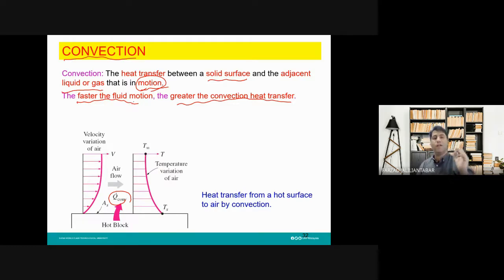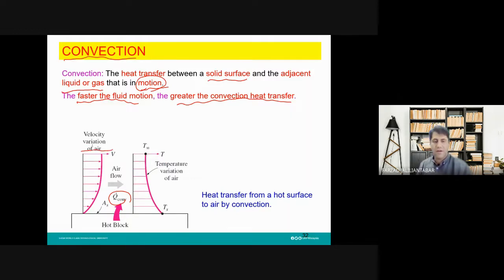Then it will contact a solid surface like our body, like walls and so on, and heat is transferred from the wall, which is at higher temperature, to the air in motion. This is convection heat transfer, and higher motion means a higher convection rate. And it is like this.